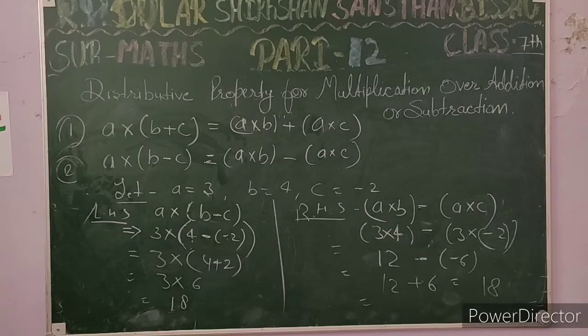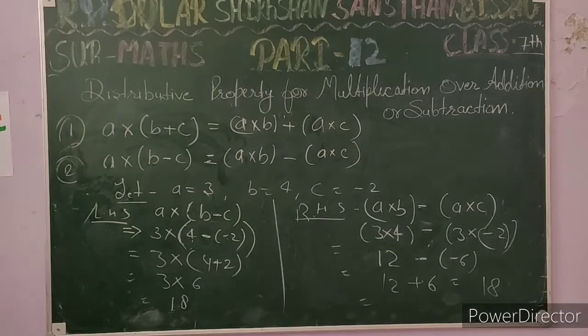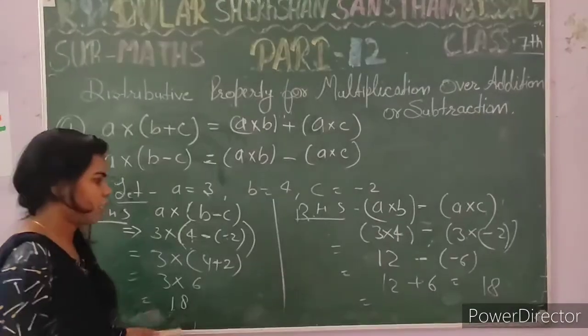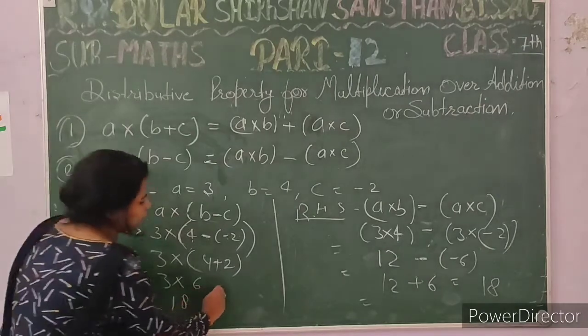Minus minus becomes plus, so 12 plus 6 is equal to 18. So we say that the distributive property of multiplication over subtraction is satisfied, because here is 18 and here is also 18. The LHS and RHS sides are equal.